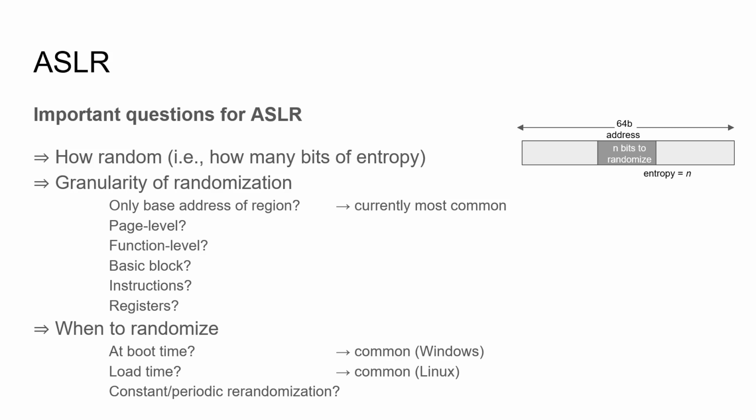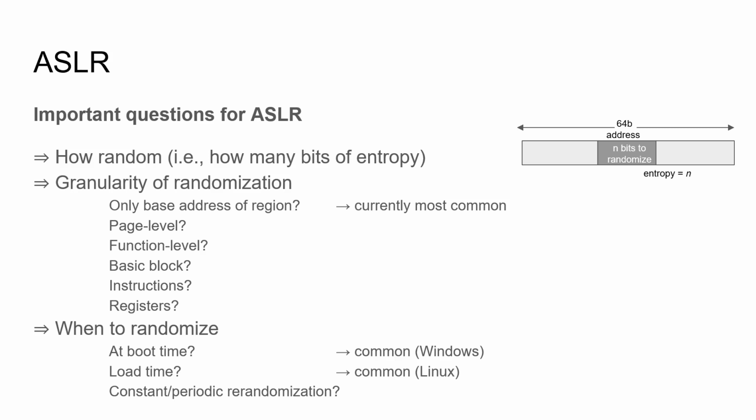Randomize the register usage. So this is the more secure register allocator that will determine that, in this particular case, we'll use this register that is available, and in a different randomized version, we use a different register for this purpose.